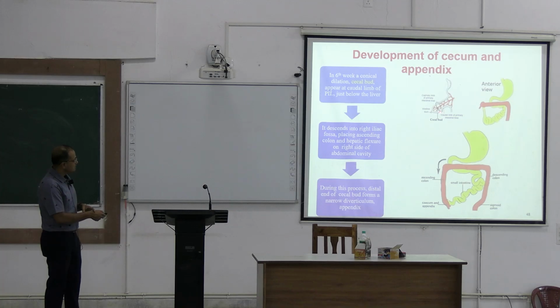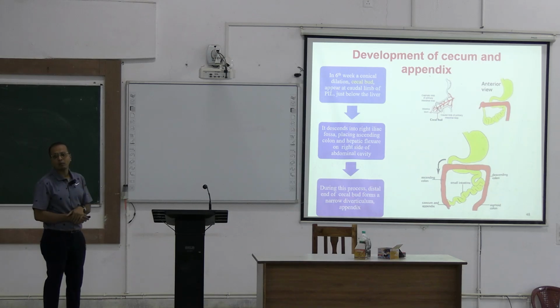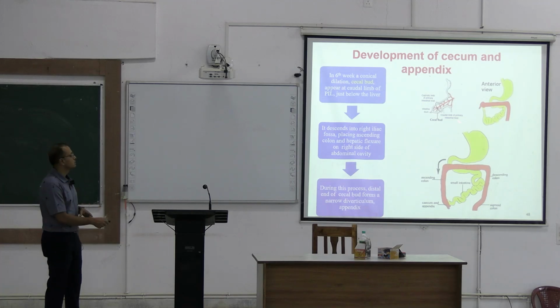Now the caudal limb, at its beginning, the proximal part, which is close to the vitelline duct, close to the point where the axis artery is going, develops some sort of diverticulum or outpouching. That outpouching forms a blind pouch, and from there another outpouch grows, which eventually forms the cecum and appendix.